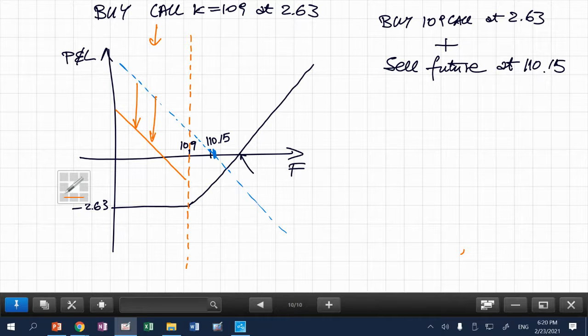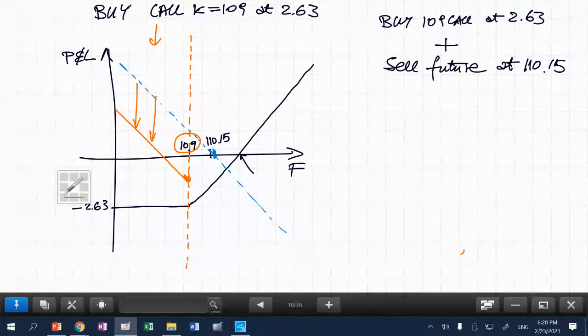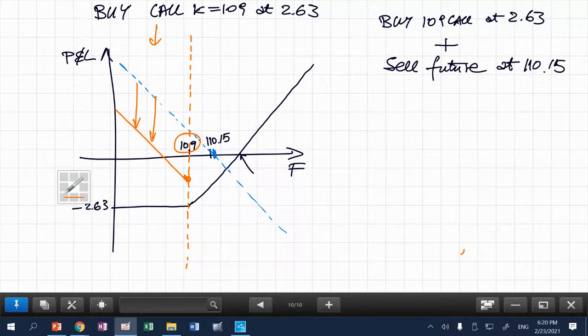All right. Now, an important question is the following. If the future at maturity is precisely 109, exactly what is your P&L here? It's going to be the sum of what you lose on the option and what you gain on the future, okay? If the future closes at 109, how much money are you making on the future?